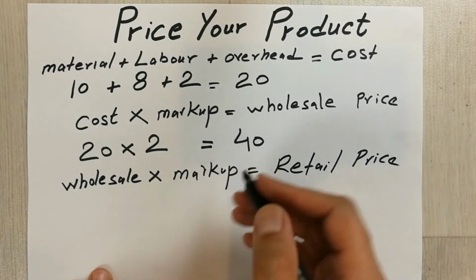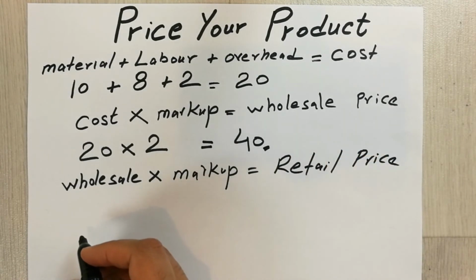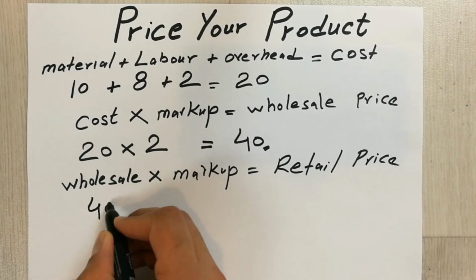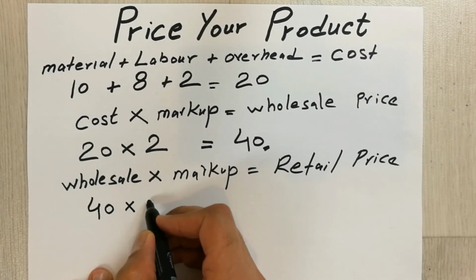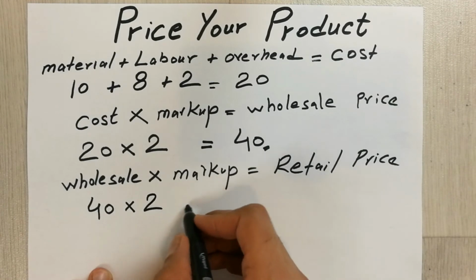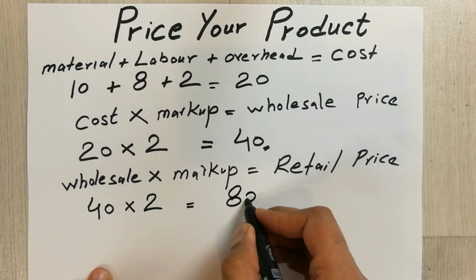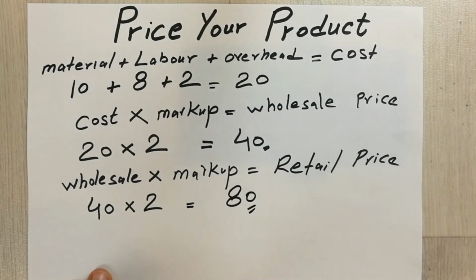As we already calculated, our wholesale price is 40, so we will put the 40 over here. Our markup is 2. So 40 multiplied by 2 is equal to 80. So guys, this is our retail price.